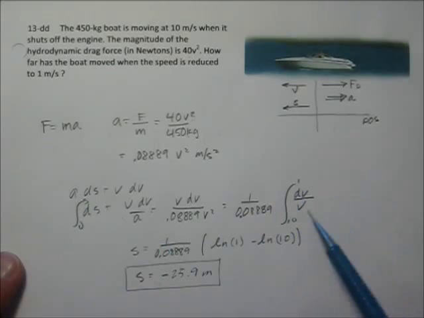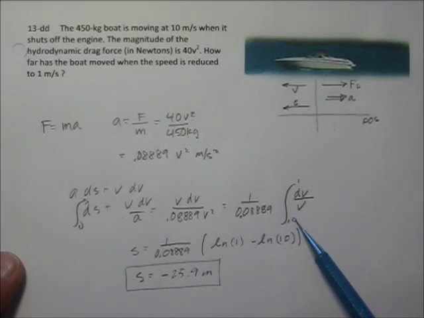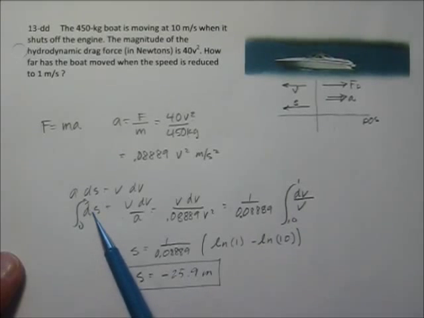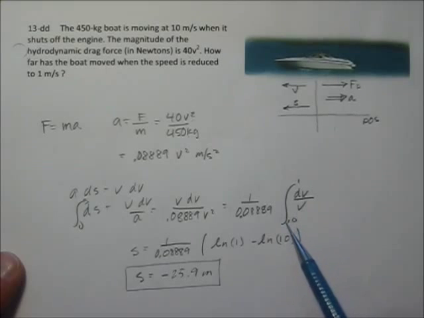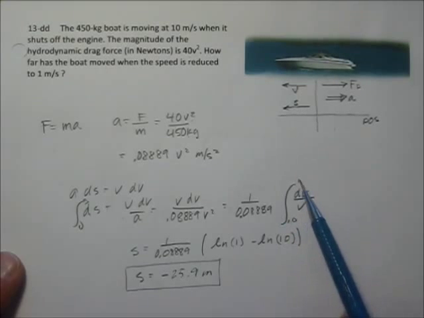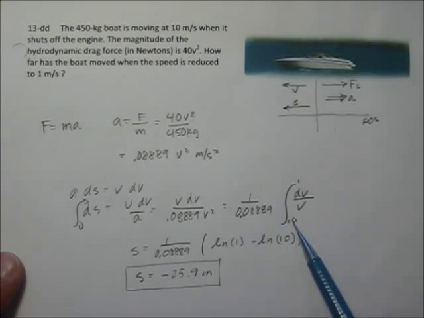We integrate this one from where I started, my speed. Since I got velocity over here, I start with 10 meters per second, and I end with 1 meter per second. Back over here, we have the integral of ds. That's just going to be s. That's the distance we've moved. And this side, you recognize this, I hope, as a log, the log of 1 minus the log of 10.